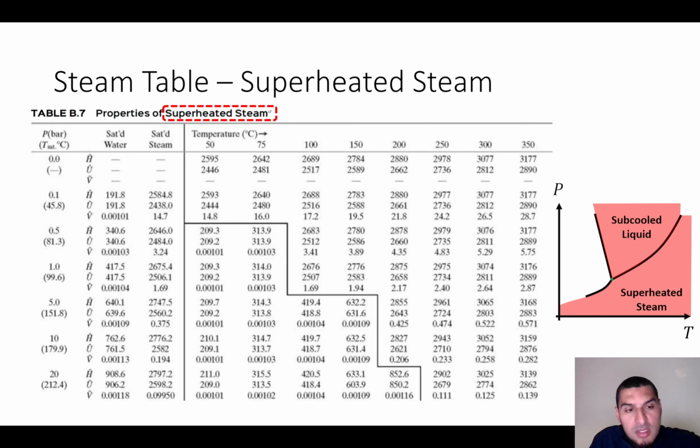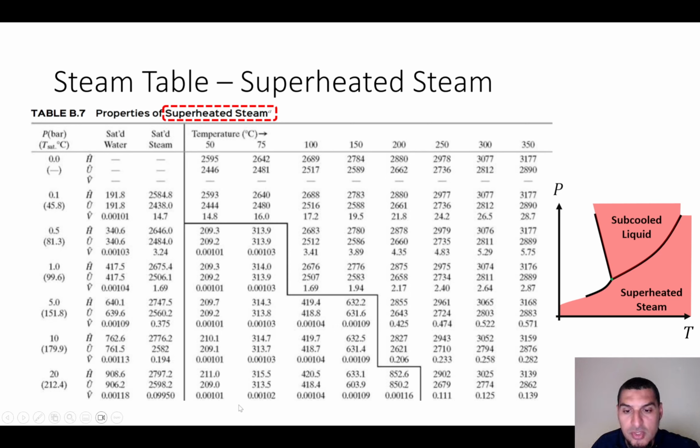Now the phases that we have are two. It's not only one phase. We can have subcooled liquid or superheated steam, and that's why we have this broken line that separates the two phases, the saturated liquid from the saturated vapor. And of course the liquid phase would be at low temperatures and high pressure.